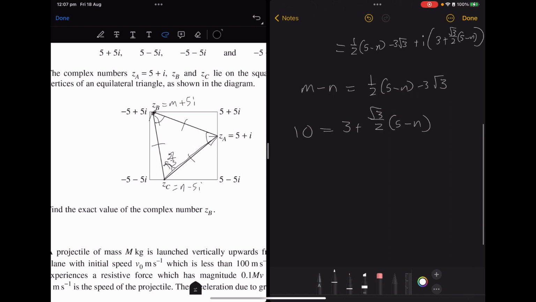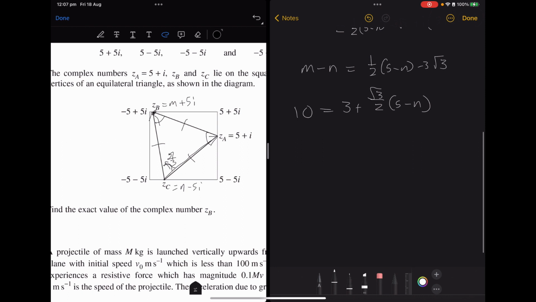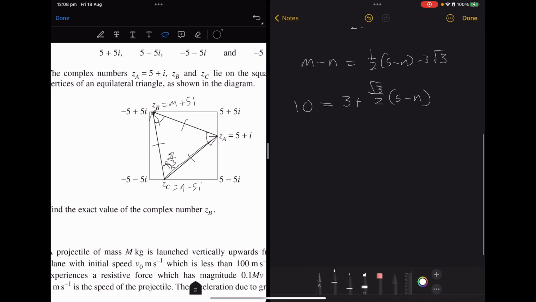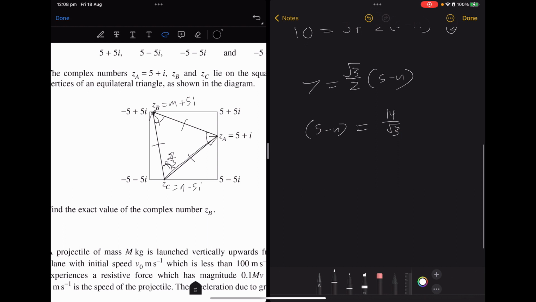Now we just solve them together, using the bottom equation first. From equation 2, 7 equals root 3 over 2 times 5 minus n, so 5 minus n is equal to 14 over root 3, and n equals 5 minus 14 over root 3.